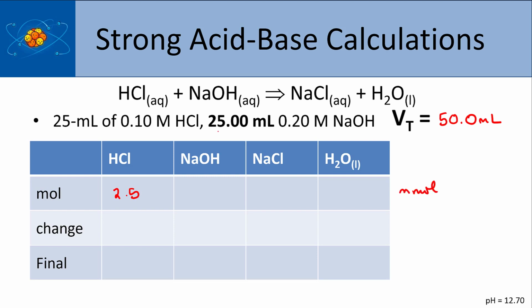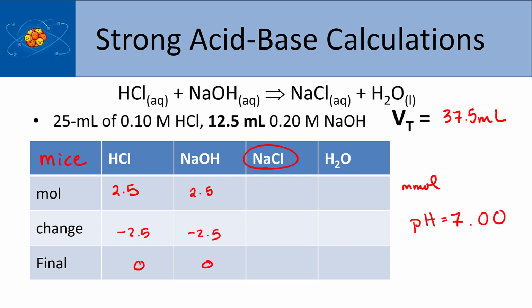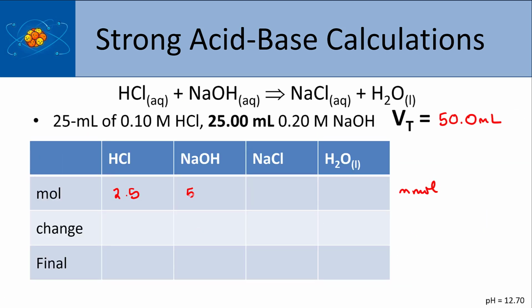But now it's 25 times 0.2, so that's 5.0. Okay. And now we have a slightly different situation, right? We have a situation where sodium hydroxide is now not the limiting reagent, but the HCl is. And so we're doing minus 2.5 here, minus 2.5 here, 0, and this comes to 2.5.